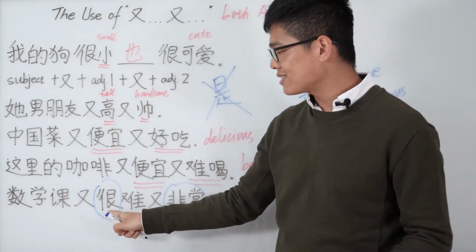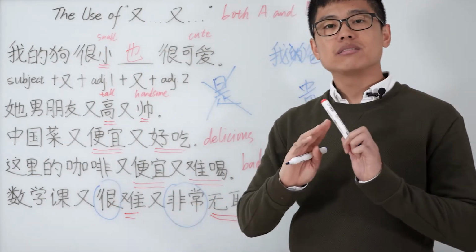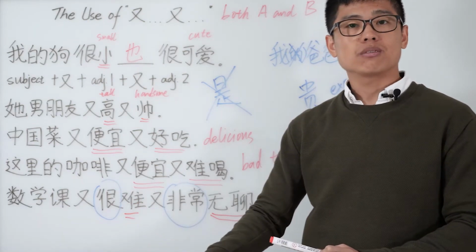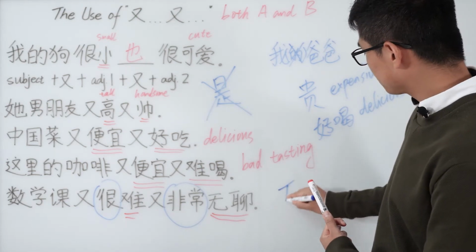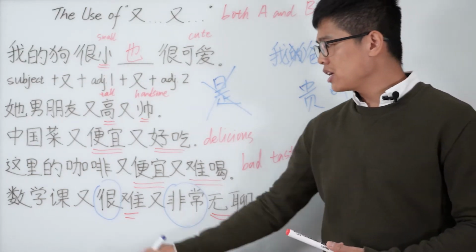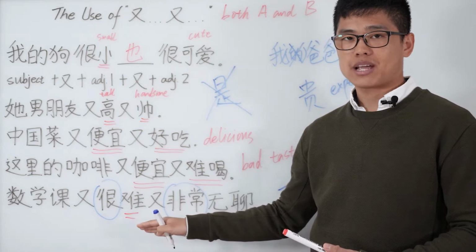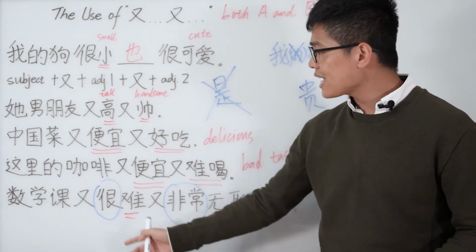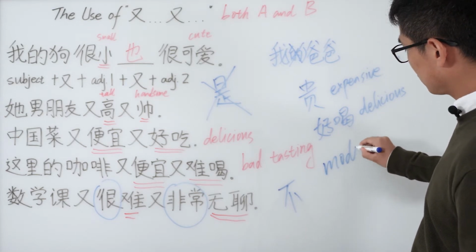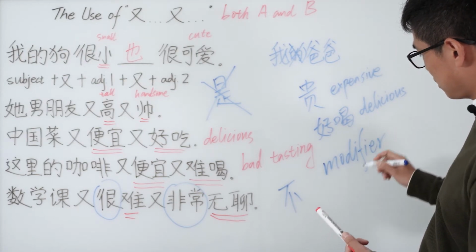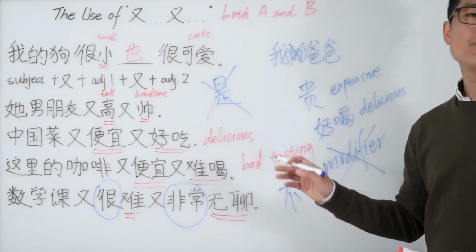You can't add anything, not just adverbs. We have 不 to mean no. If you say 不难, it still doesn't work. You can't add any modifier. No modifier.